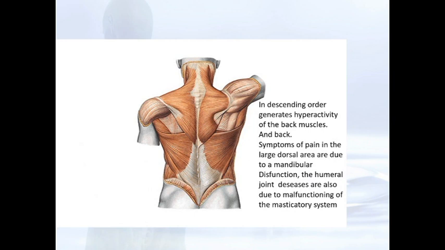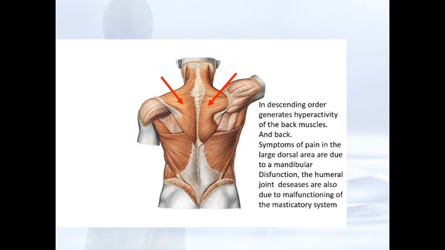Chronically, in decreasing order, it generates hyperactivity of the back muscles. Pain in the large dorsal area is due to a mandibular dysfunction, and we don't take care of that. We think it's just the muscle.